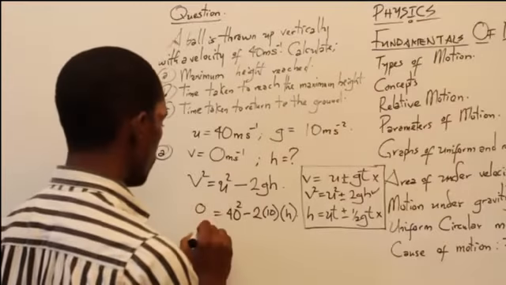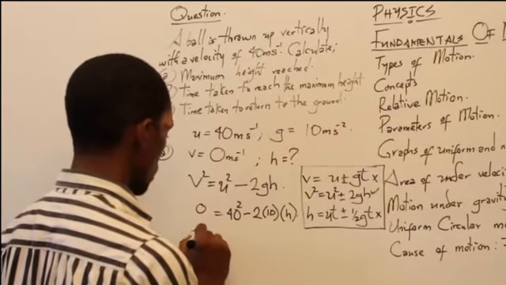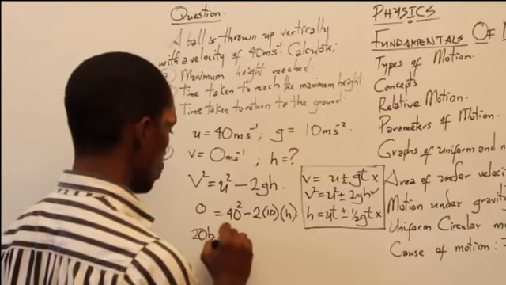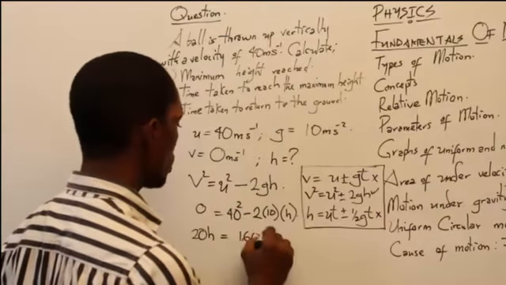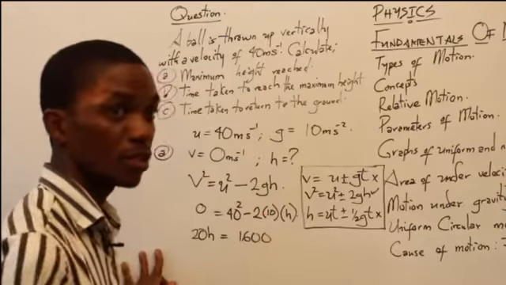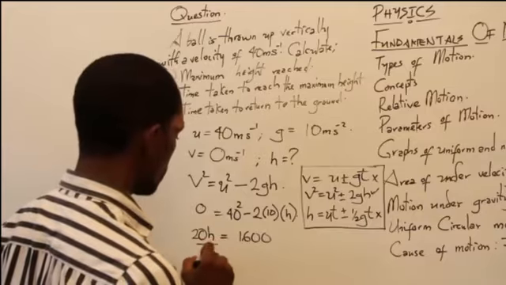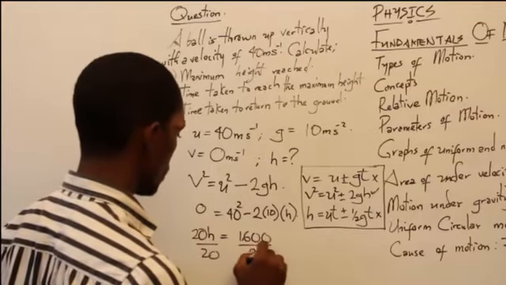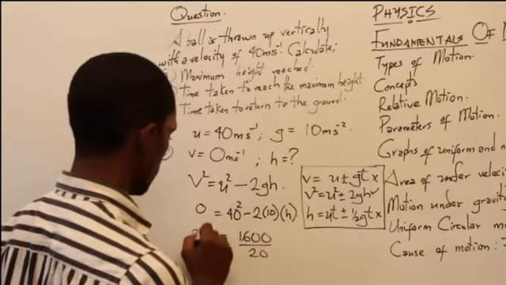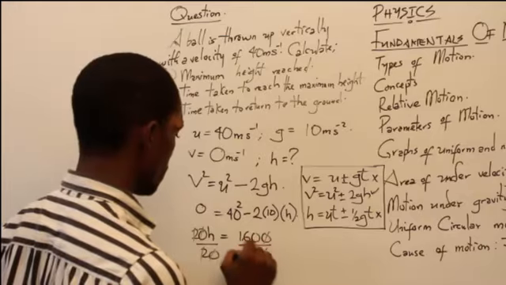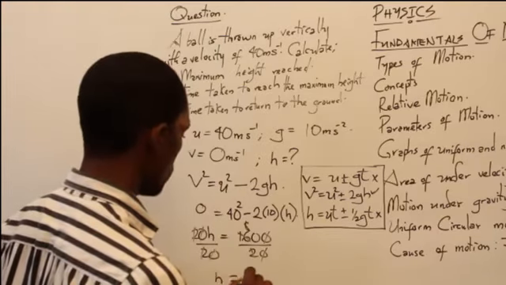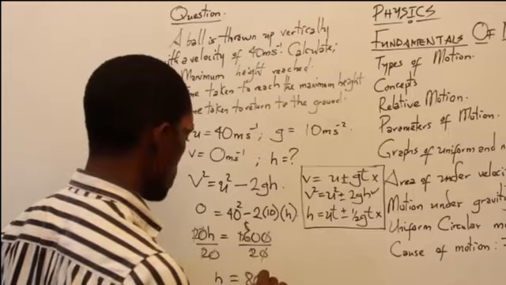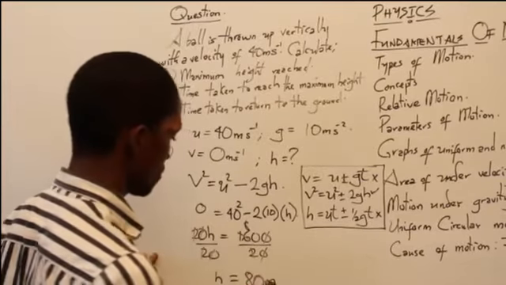So we have 20h equals 40 squared, which is 1,600, and dividing through by 20, our h equals 80 meters.